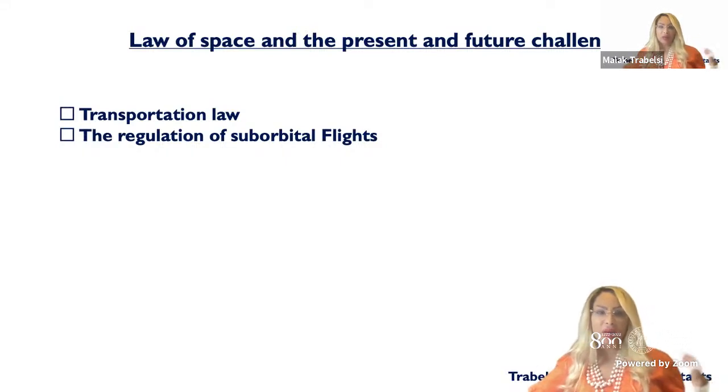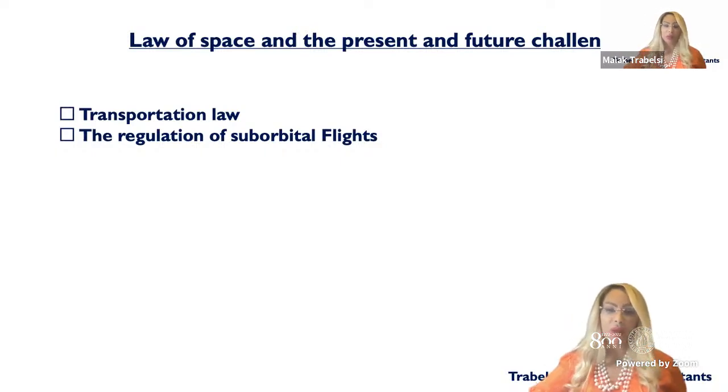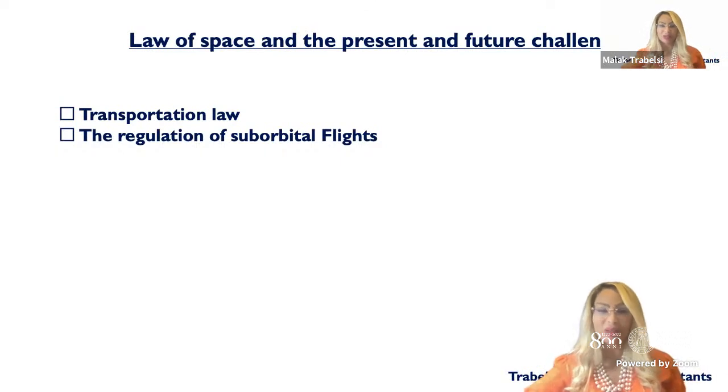We have airplanes and we also have spacecraft, and suborbital flights can fall under both international legal frameworks. So you have the outer space law, and you have the laws governing aviation activities.